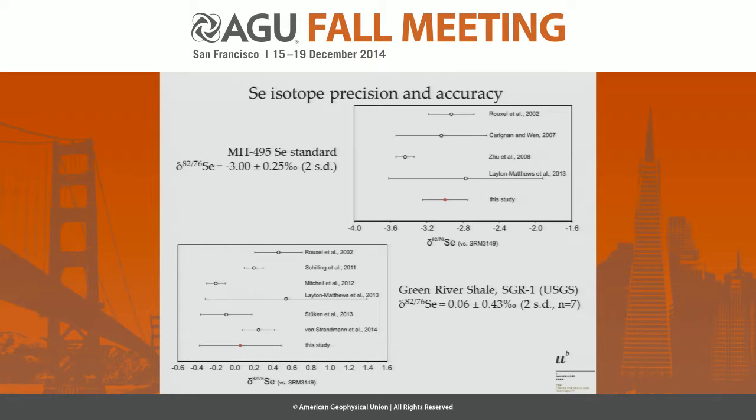Our result of -3 plus minus 0.25 per mil fits very well to previous measurements on this solution. We also measured the selenium isotope composition of a Green River shale obtained from USGS, and the value of 0.06 per mil also fits quite well to previous measurements. We take the uncertainty of this rock standard of 0.43 per mil as representative for the uncertainty on our meteorite samples.